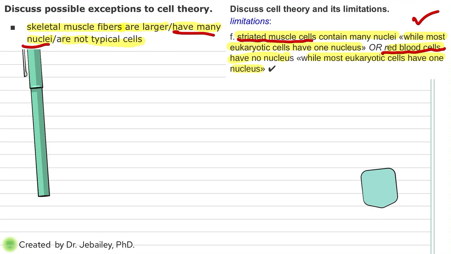So what would you do? As a combination, since both mark schemes talk about the skeletal muscle fiber, and by the way, skeletal muscle fiber is the same thing as striated muscle fiber, either way, if you write skeletal muscle fiber or striated muscle fiber, IB usually takes that into consideration. But you have to mention that they have many nuclei, meaning many of them in just that one cell. And that's one of the exceptions.